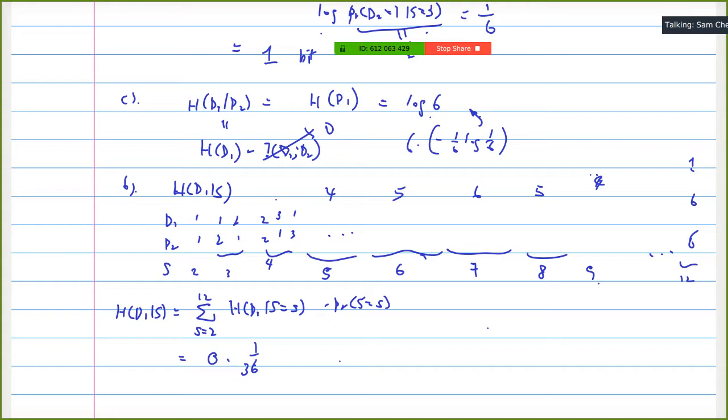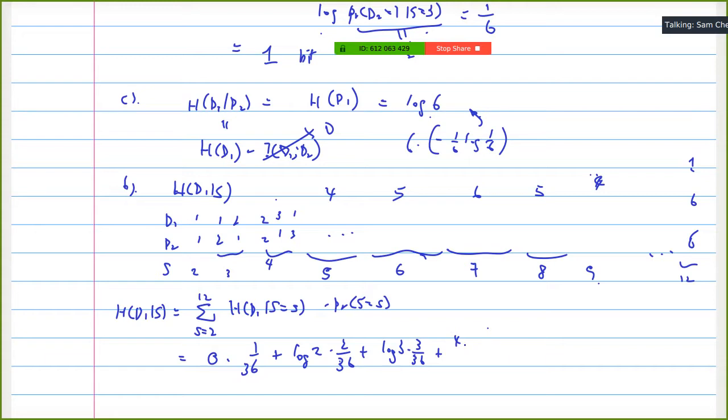Each event has probability 1 over 36. The second one is log 2 times 2 of 36, and the other one is log 3 times 3 of 36, and times 4.